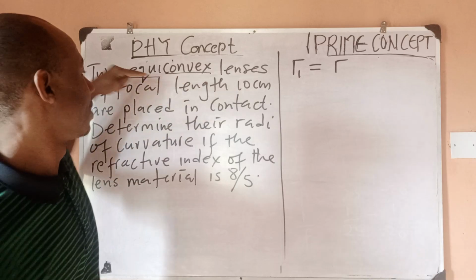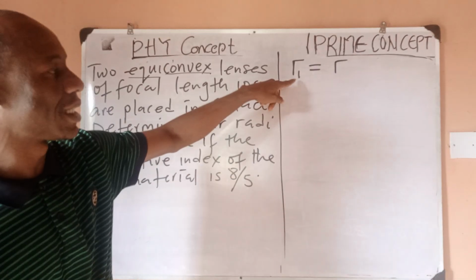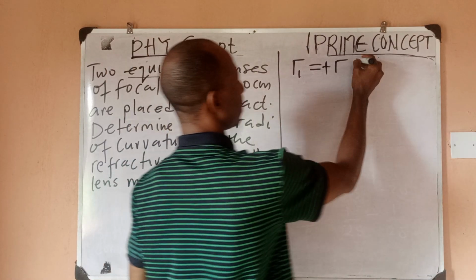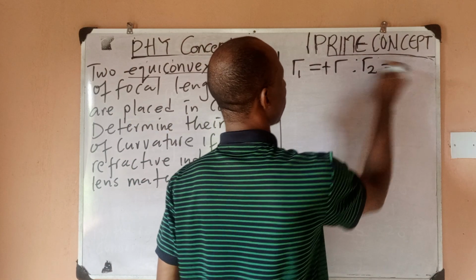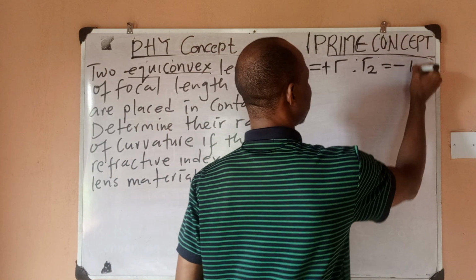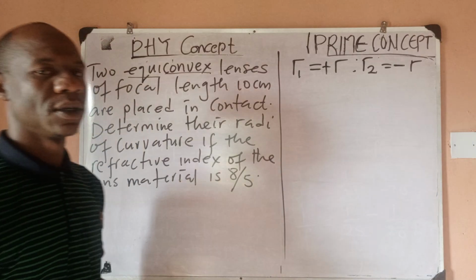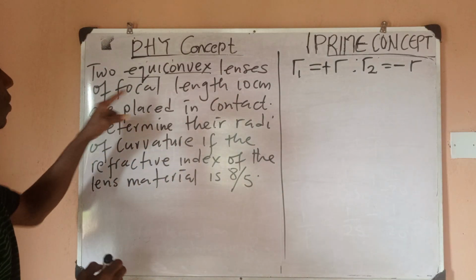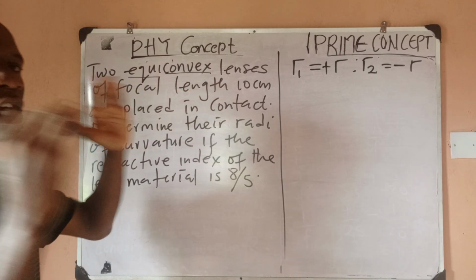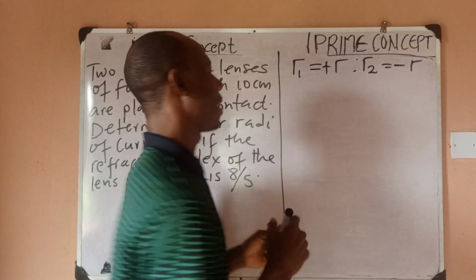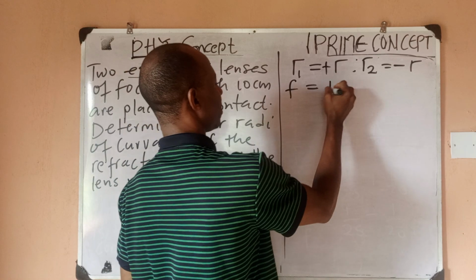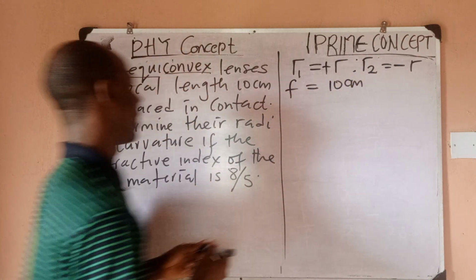Now, since we are dealing with equiconvex, R1 is going to be positive R, and R2 is still equal in value but negative, so negative R. That is one thing we should note for an equiconvex lens. Now, for a convex lens, the focal length should always be what? Positive. So F is going to be positive 10 cm.